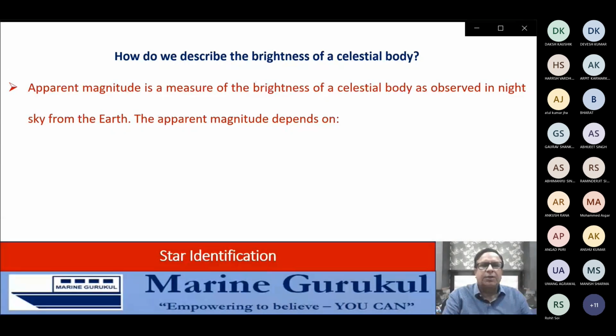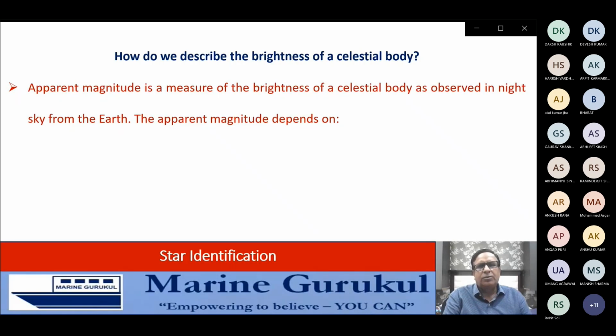Which is the measure of the brightness of a celestial body as observed in the night sky from the earth. Why are we interested in the apparent magnitude and not something called the absolute magnitude? Because we are interested in observing the body from the surface of the earth so that it can be used for taking observations.